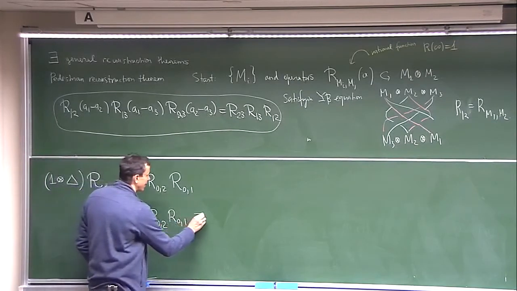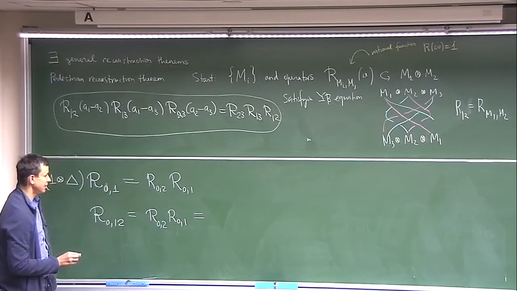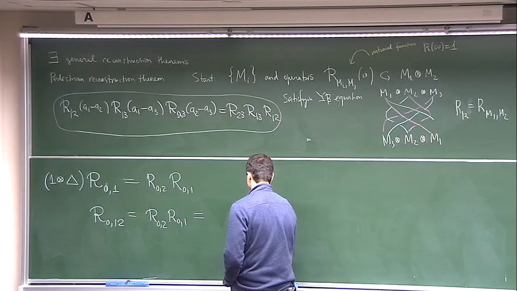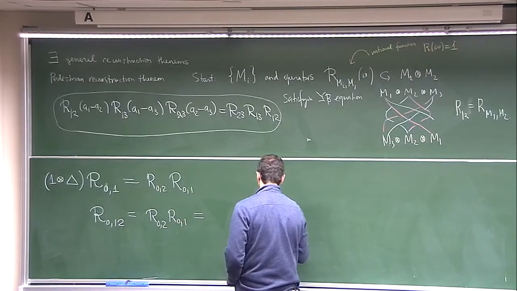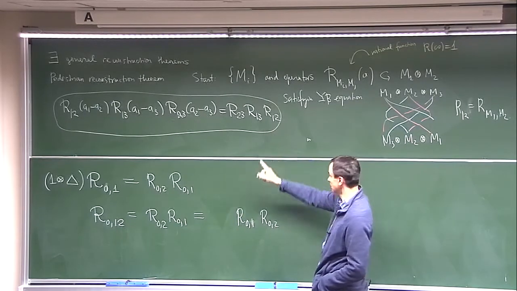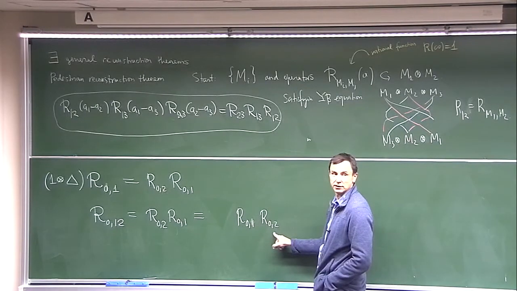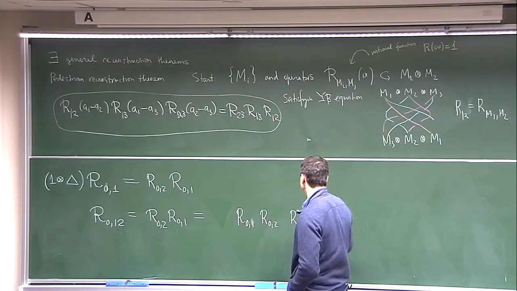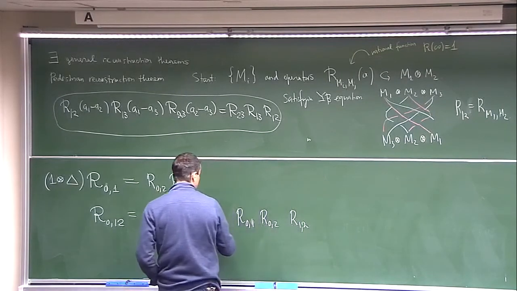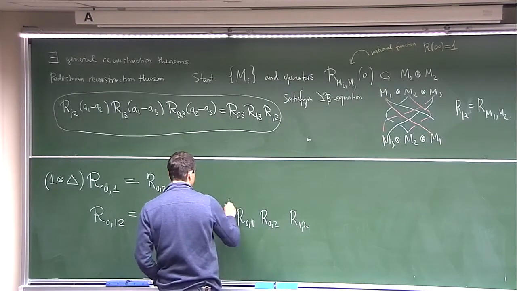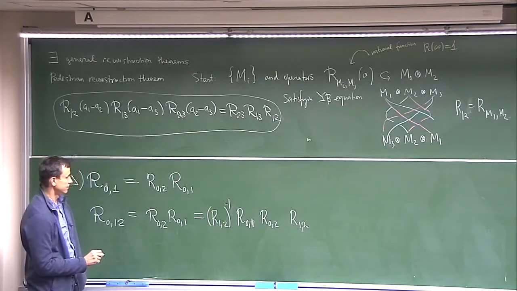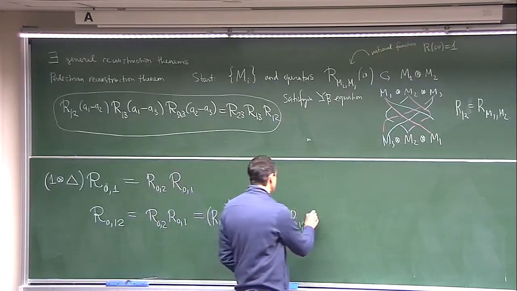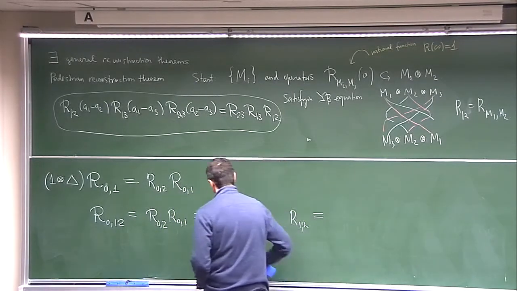And now by the Yang-Baxter equation, this is the same as if I take R01 and R02 in the opposite order, then this is the same as if I take this one R12 here and R12 inverse there. So this is by Yang-Baxter.